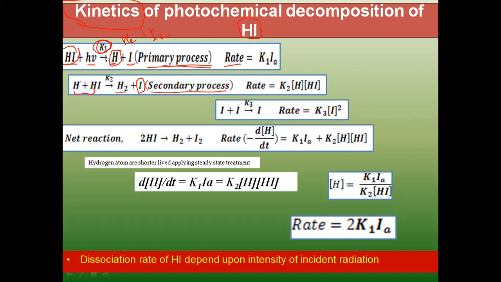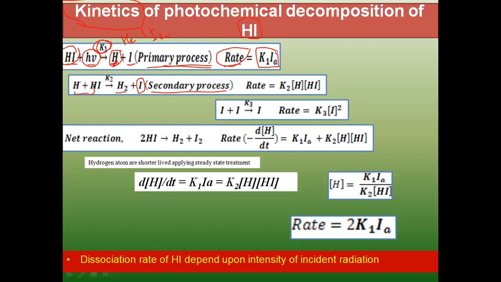The rate of this reaction, K1, depends on h nu, meaning the intensity of light absorbed by the HI molecule: K1 times Ia, A for absorption, I for intensity. K1 is the rate constant.